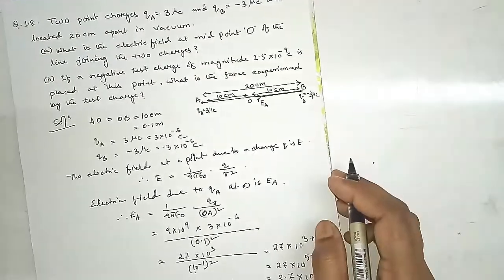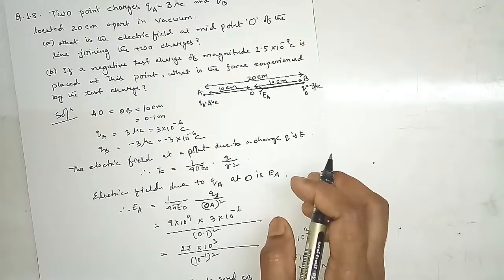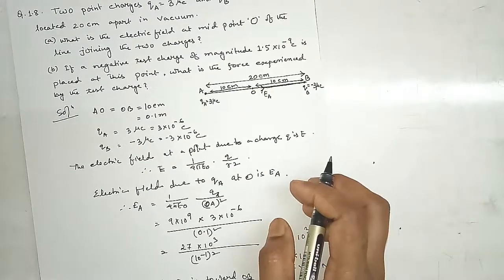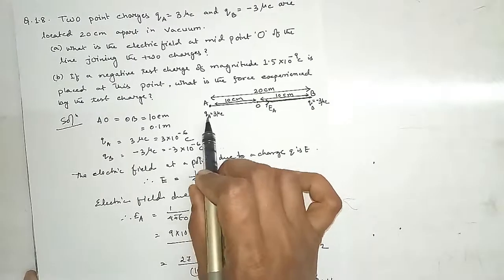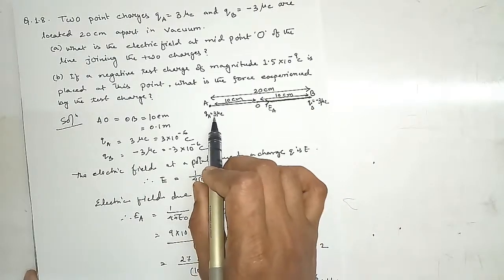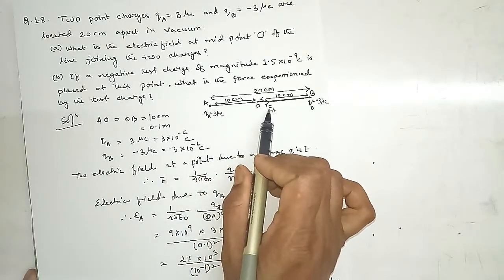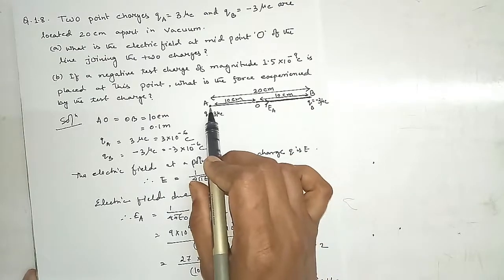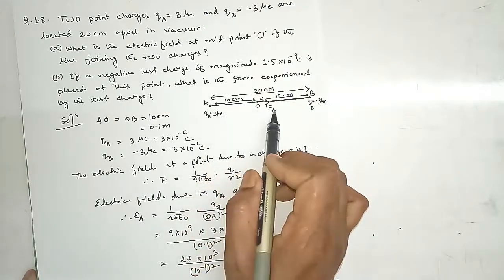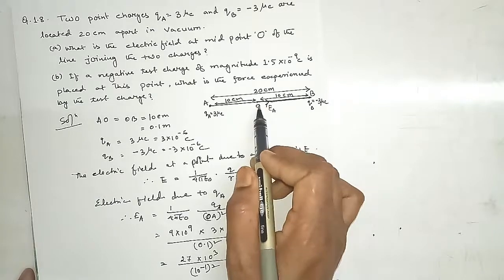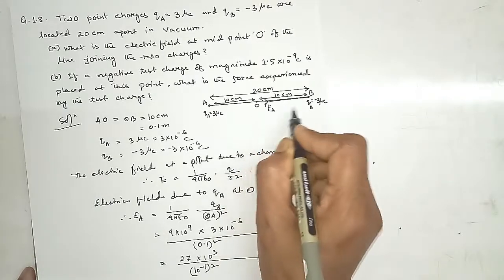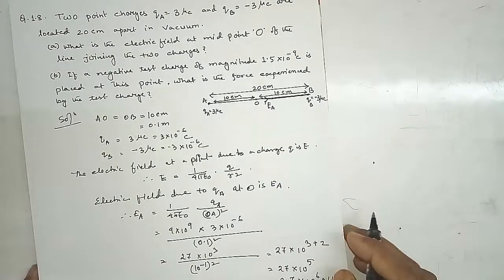Why? Because the electric field is always directed away from the positive charge. So here the QA is positive charge, so the direction of the electric field is away from that positive charge, so it will be towards the OB. The direction of EA is towards OB.